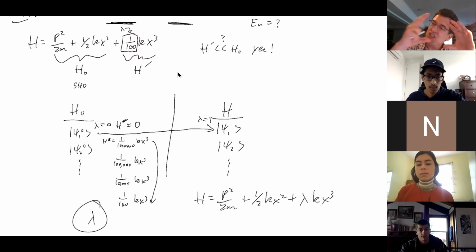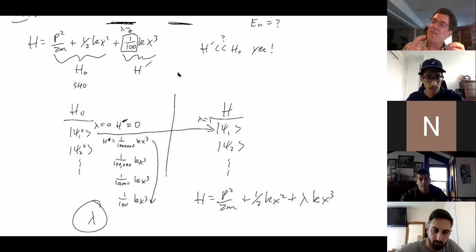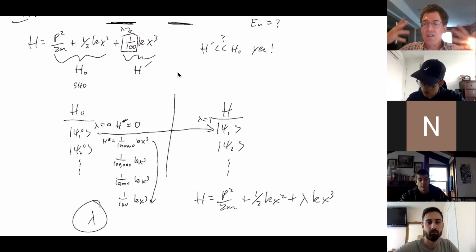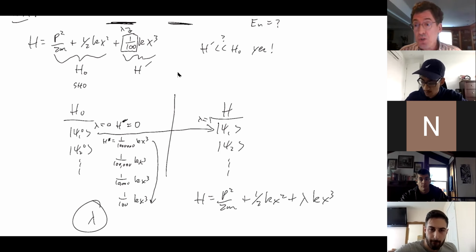Do you see what I'm saying? And the state should just smoothly vary, and the energy should smoothly vary. That is the underlying mathematical foundation of perturbation theory. It is usually true. It usually works, but it does not always work.